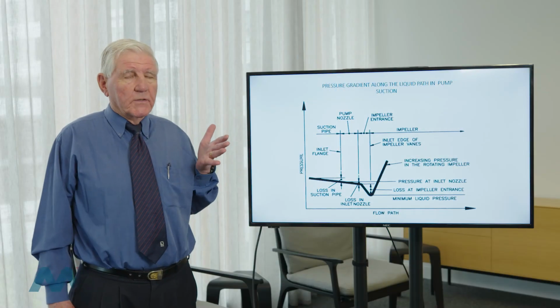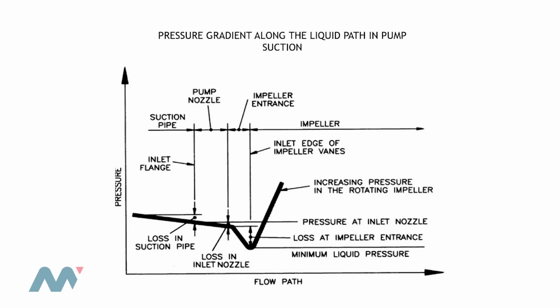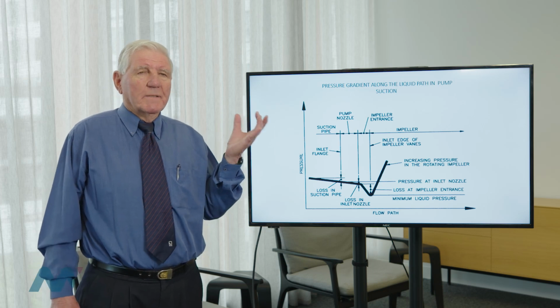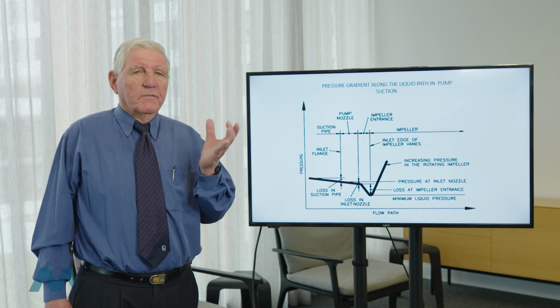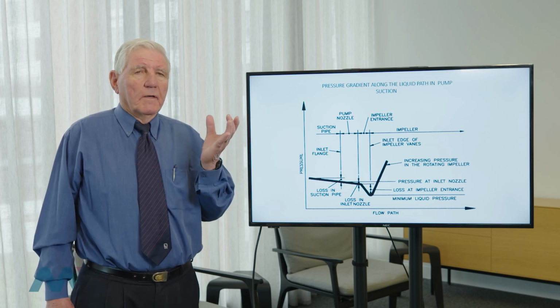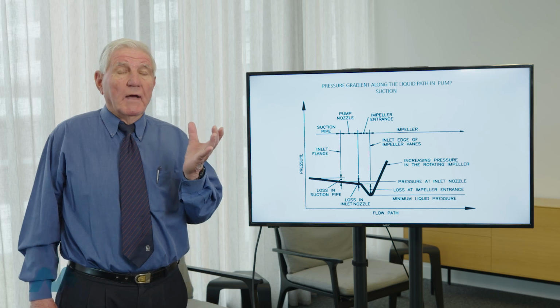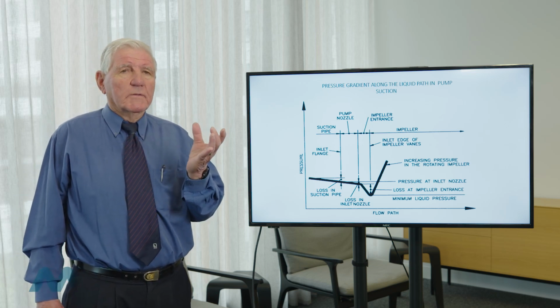The idea is the velocity should be going straight into the eye of the impeller, and that will be related to the match-up between the pipe diameter and the flange. And do you remember when we talked about installation, we tried to match the diameter of the incoming pipe to the flange of the pump, and the eye of the impeller is usually about the same diameter as the internal diameter of the flange.